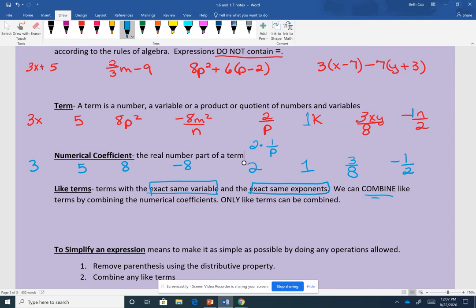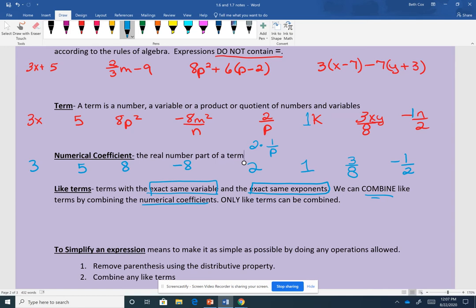We're going to combine the terms by combining the numerical coefficients. Only like terms can be combined. Remember what combine means. Combine means add or subtract based on positive and negative rules. So we can combine, add, or subtract like terms, terms with the exact same variable.